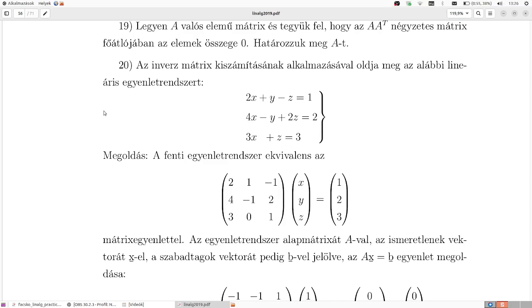So what we should do is the matrix inversion and then multiply the vector with the inverted matrix. Then we will get the result.